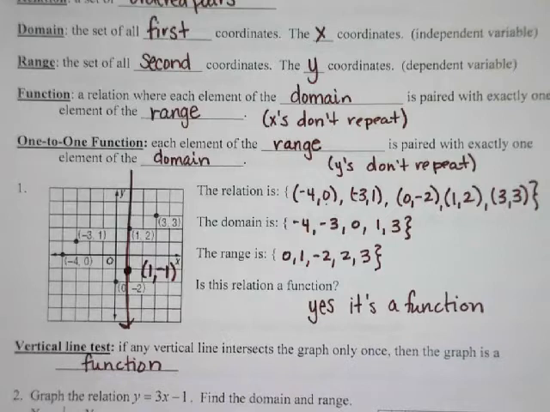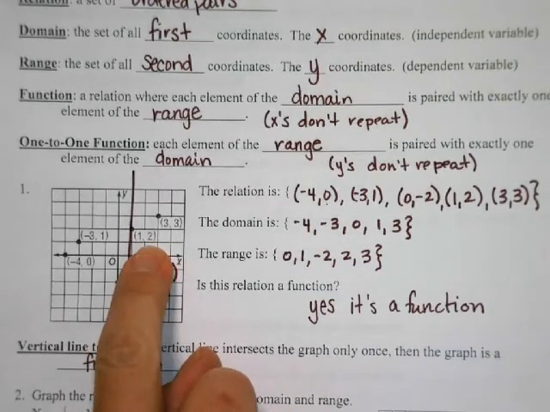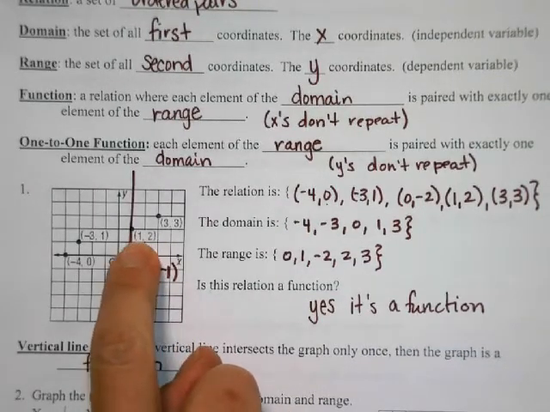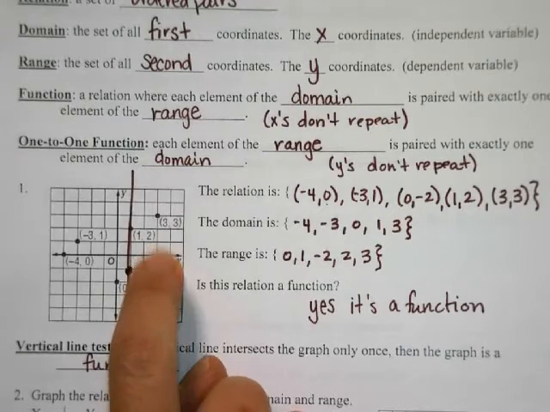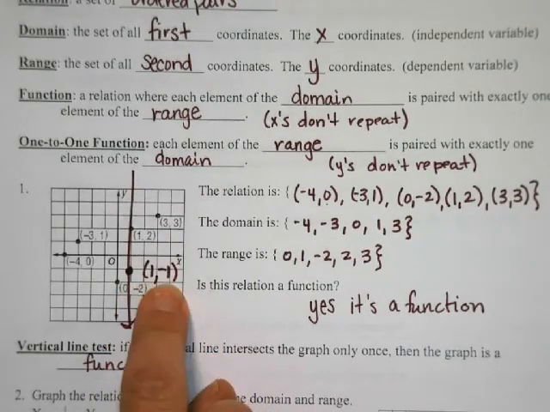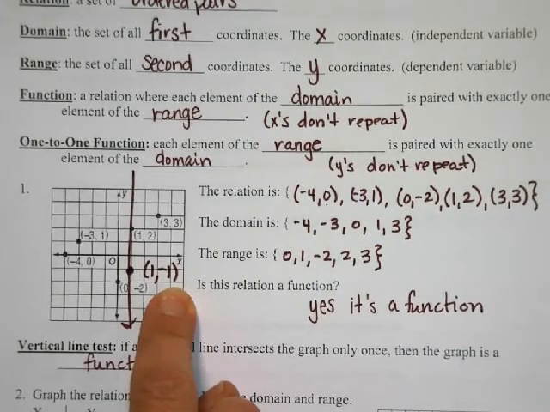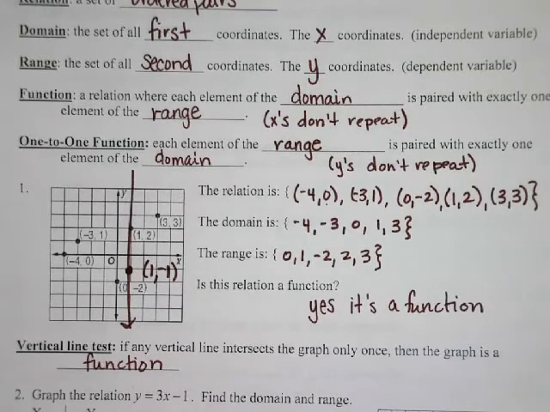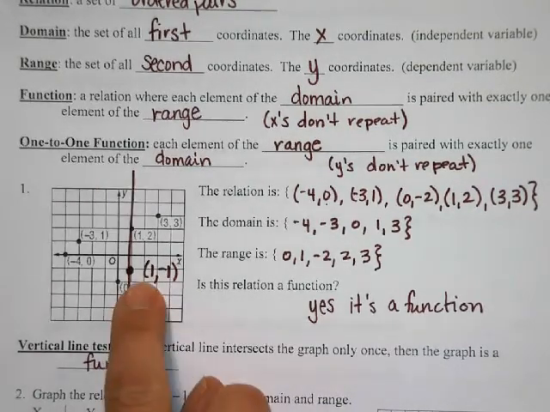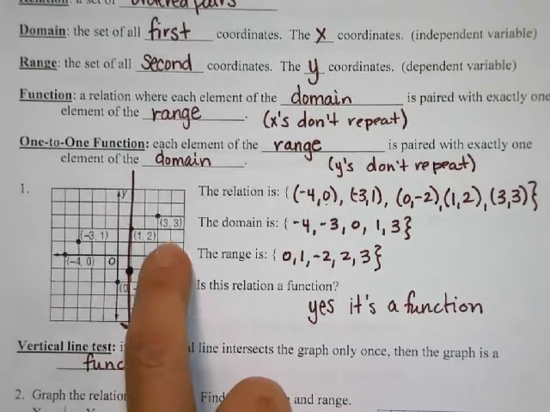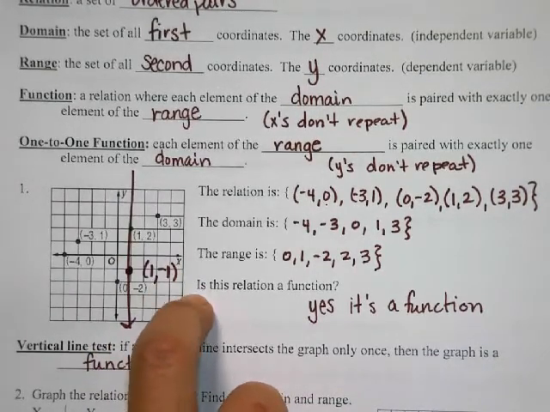So I have an x of 1 that goes to a y coordinate of 2, and I have an x of 1 that goes to a y coordinate of -1. Oh, so all the x's are different. All the x's are different, yes. Good question. So if you have one x that has two different y values, then it wouldn't be a function.